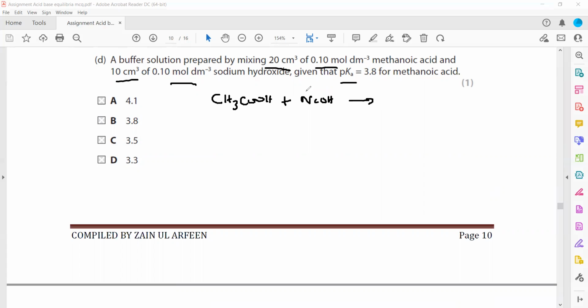When they react with each other, it will form sodium methanoate. I drew ethanoic acid instead of methanoic. Methanoic acid is HCOOH, reacted with sodium hydroxide, NaOH. As a result, it will produce sodium methanoate plus water.